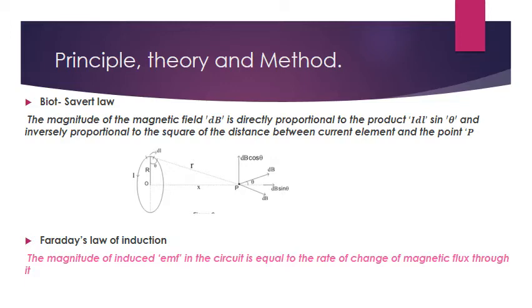As per this, if the rate of change of magnetic flux linked with the coil changes, it leads to the generation of EMF. Simply put, the magnitude of induced EMF in the circuit equals the rate of change of magnetic flux through it. This is Faraday's law. I will explain in the next slide how Faraday's law works in this particular experiment.